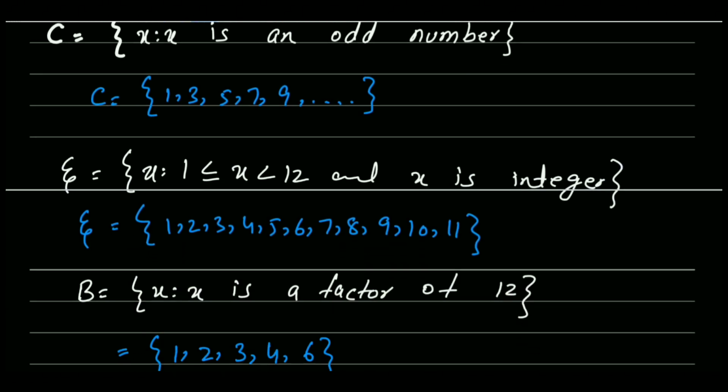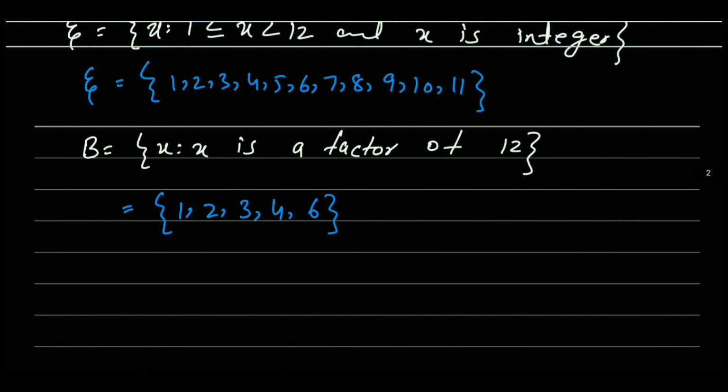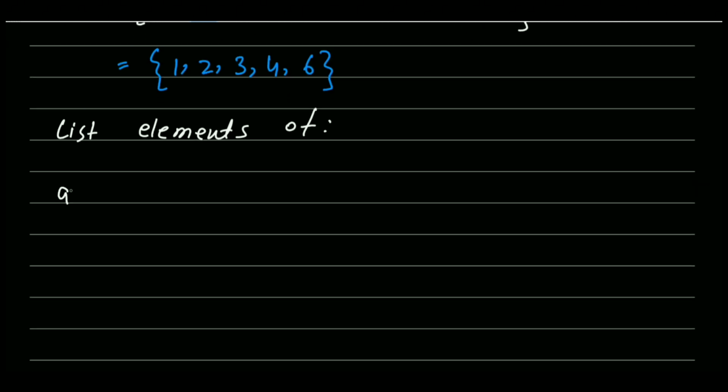Okay. So if the question is list elements of part A, find A union B. How will we solve it?